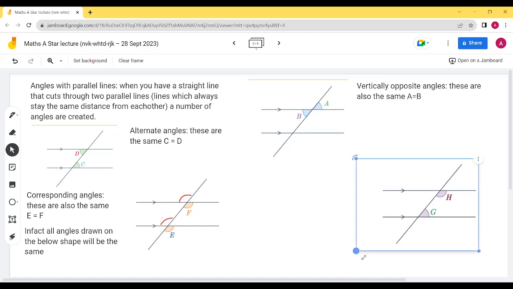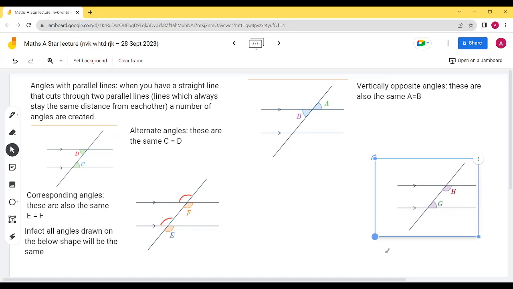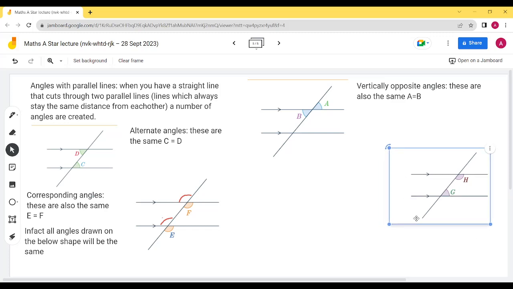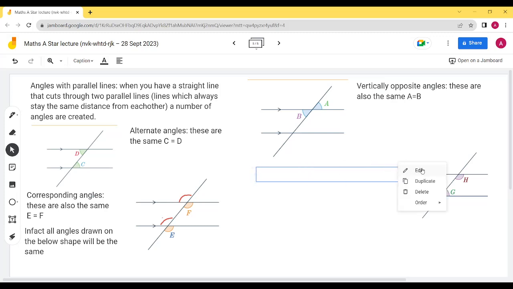It's the only rule which is in effect different. Interior angles equal 180 degrees. So G plus H equals 180.